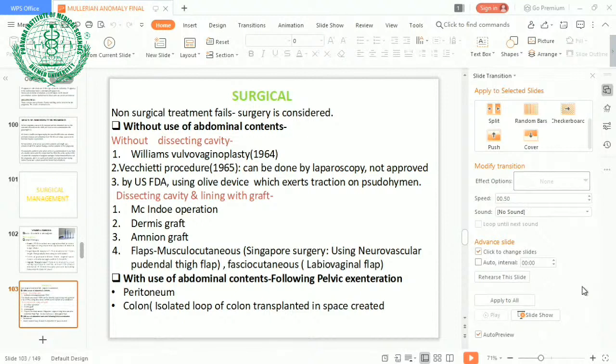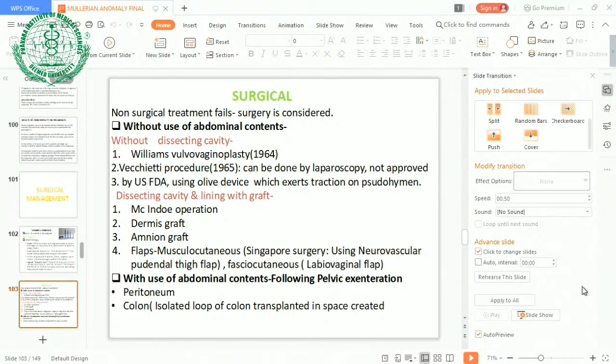The surgical treatment is done without using abdominal content and with the use of abdominal content following pelvic exenteration. When you do not use abdominal contents, you can do it without dissecting a cavity or with dissecting a cavity. Without dissecting a cavity, you have the Williams operation or Vecchietti's operation.